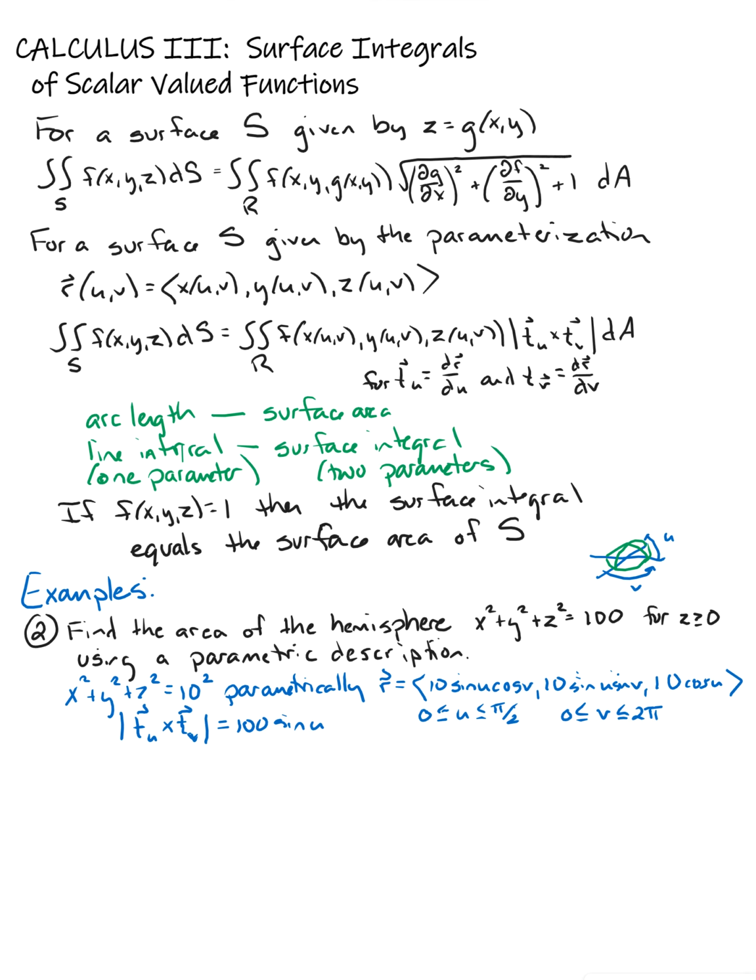Okay, so let's go ahead and set up this integral. Oh, we need to know what f is. Look at what we're doing. We're trying to find an area. That's a surface area. If we're looking for surface area, then for the surface integral, we're going to have to let f equal 1.